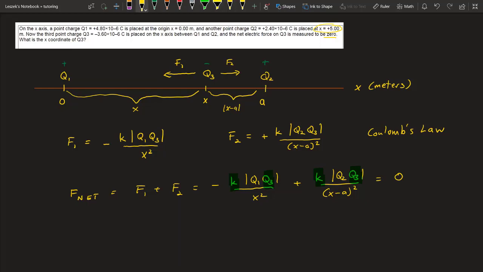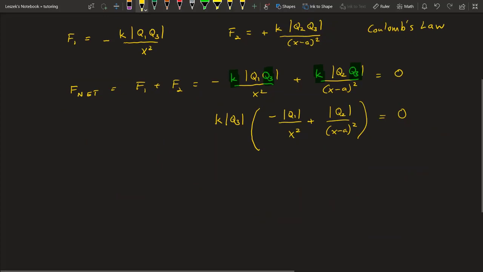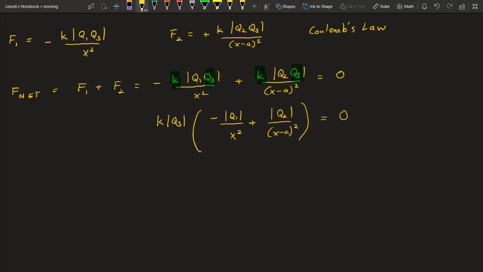This means we can factor them out. Since the left-hand side is equal to 0, we can go ahead and divide by these non-zero numbers to get rid of them, and we are left with the expression.